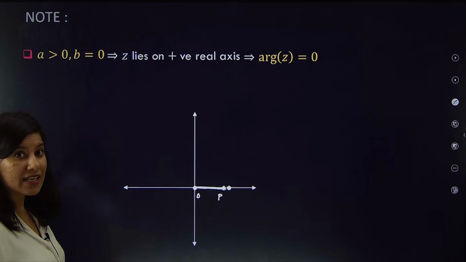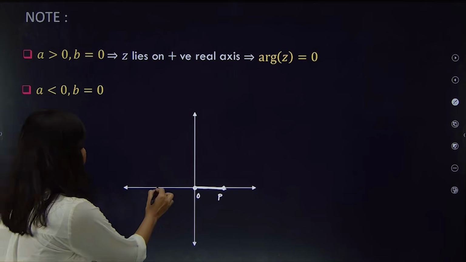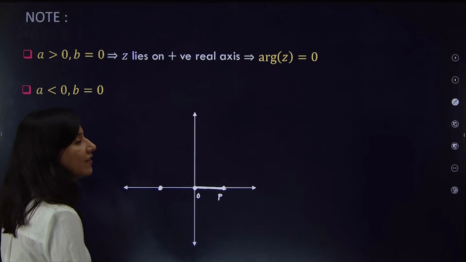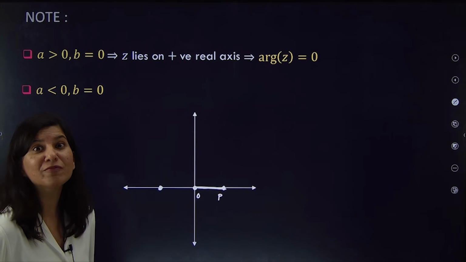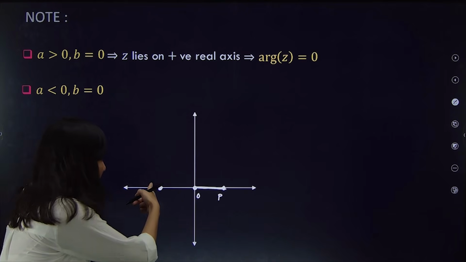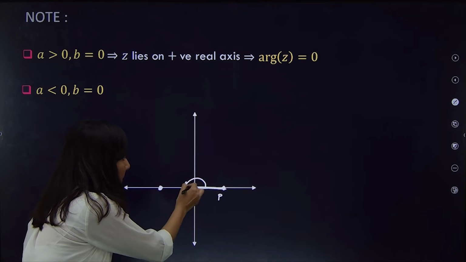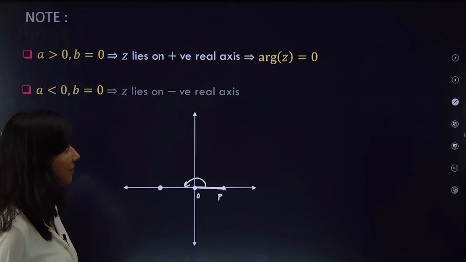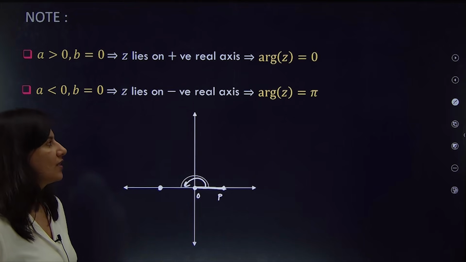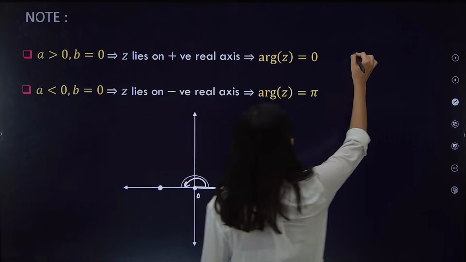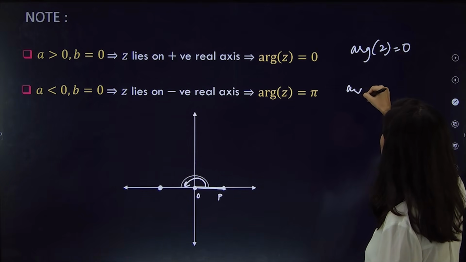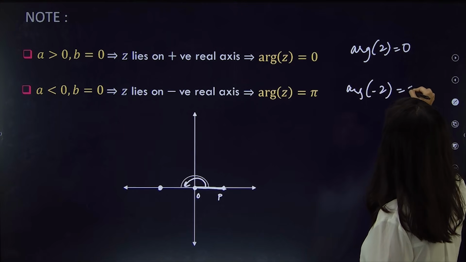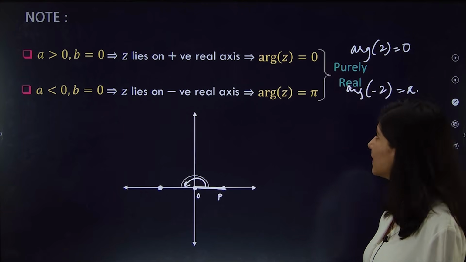And if this time B is again 0, but you have a negative number on the real axis, suppose I ask you the argument of minus 2. You will say the argument will be pi, not minus pi, pi. Minus pi is not at all allowed. This is pi. So argument of 2 is 0, but argument of minus 2 will become pi. Okay, these are the exceptional things.